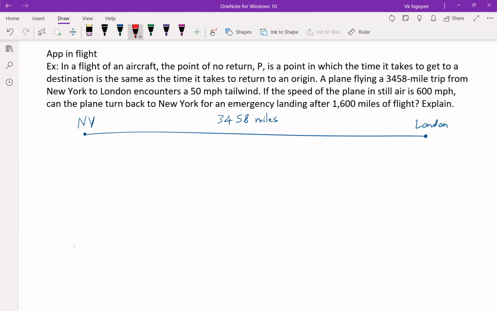We don't know, so pick a point right here. That's P, the point of no return. The distance from New York to the point of no return is x. So the distance from the point of no return to London is 3458 minus x.